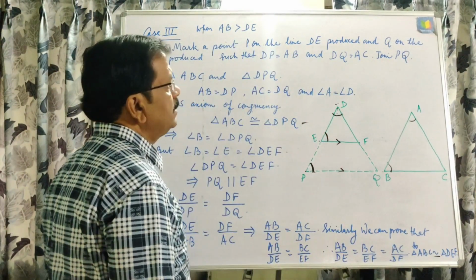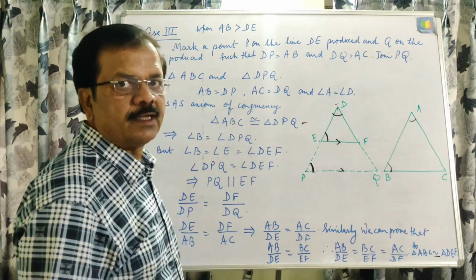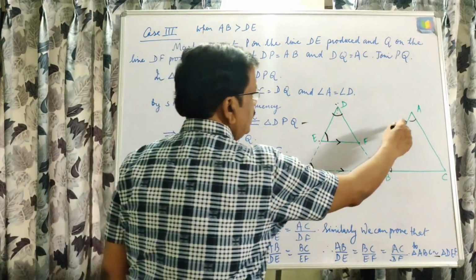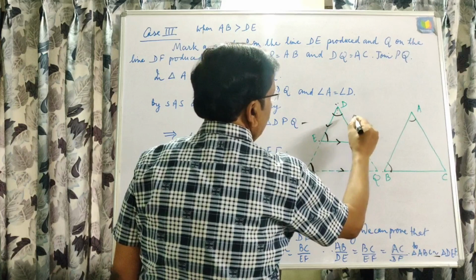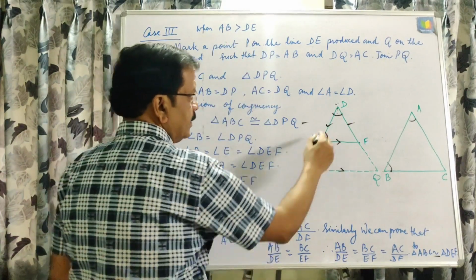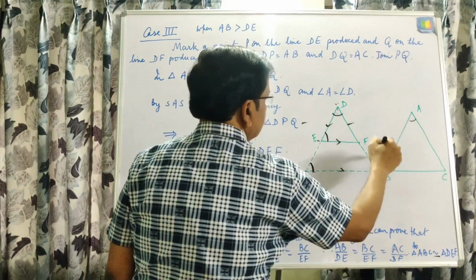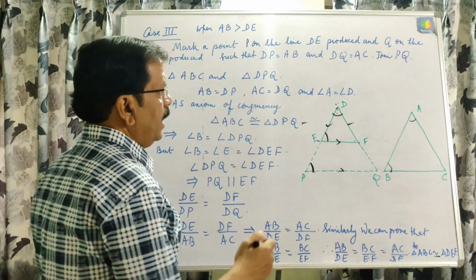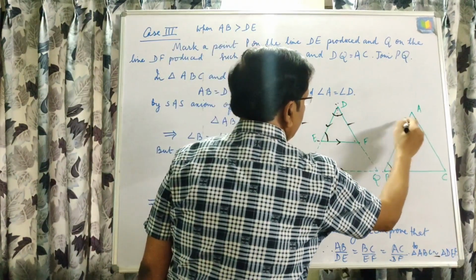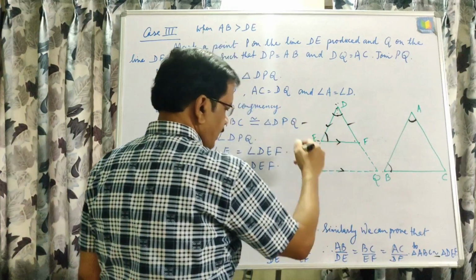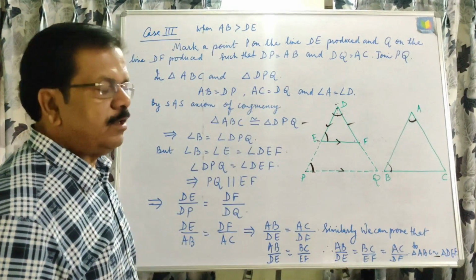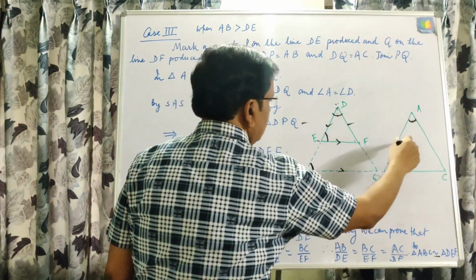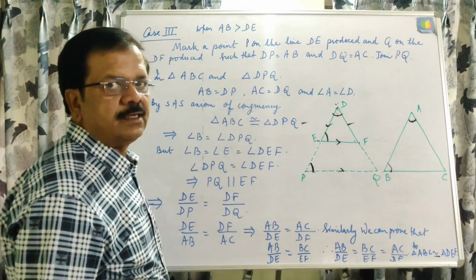With the help of these three cases, we get one implication, that is, if in any two triangles the corresponding sides are in the same ratio, and their included angles are equal, then we can say that the triangles are similar. Or in other words, if the ratios of corresponding sides are equal, then also we can say the triangles are similar.